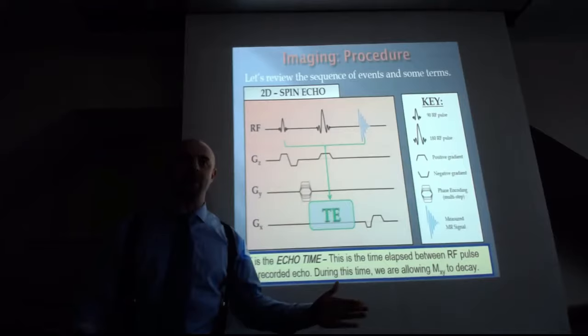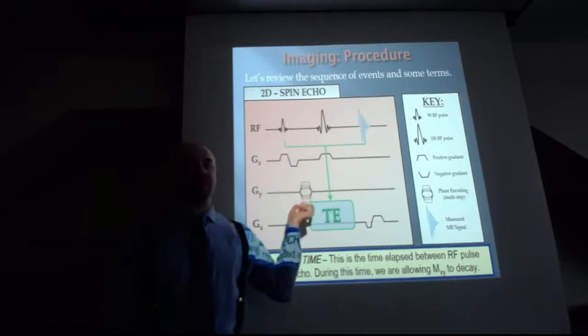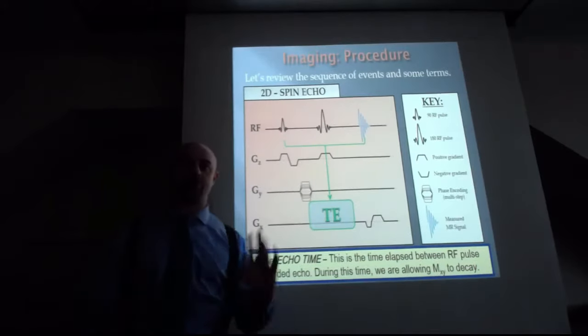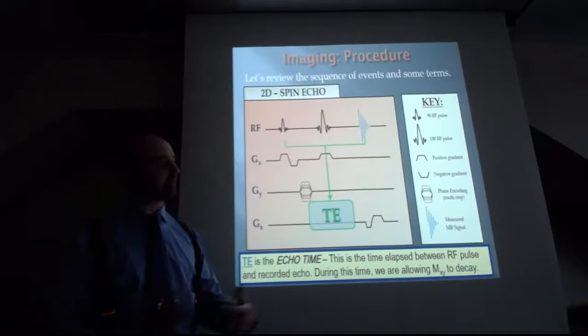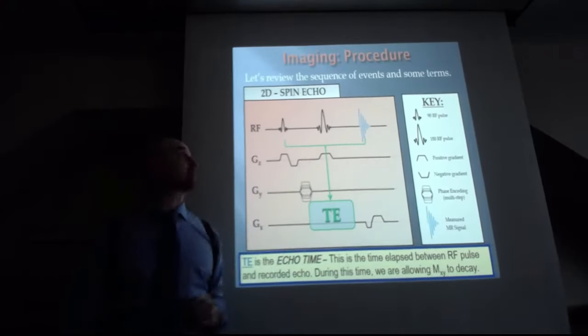That develops the magnetization in the XY plane. To that we apply a phase encoding gradient. The 180 pulse helps to refocus all of the spins that are dephasing, and then we apply the frequency encode gradient as we're recording the echo.